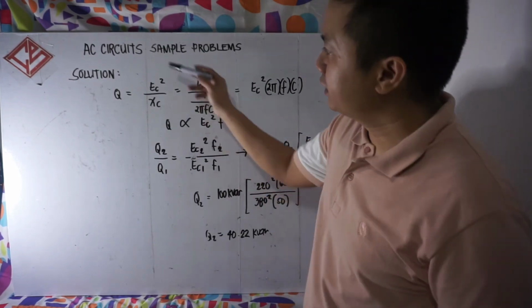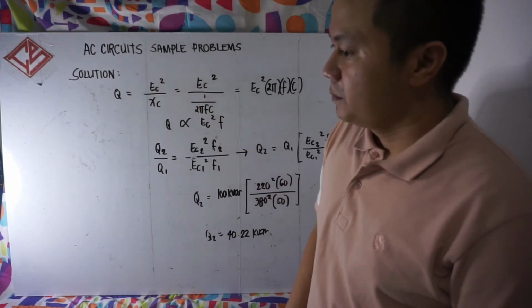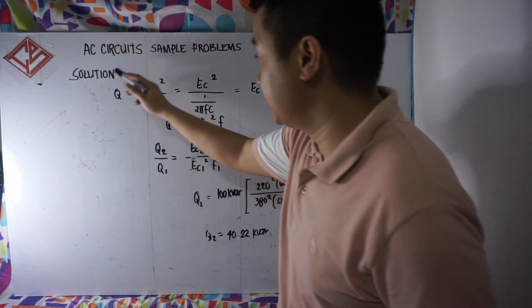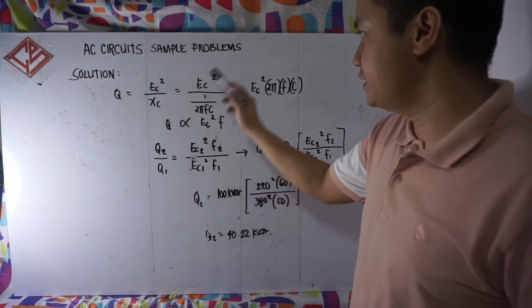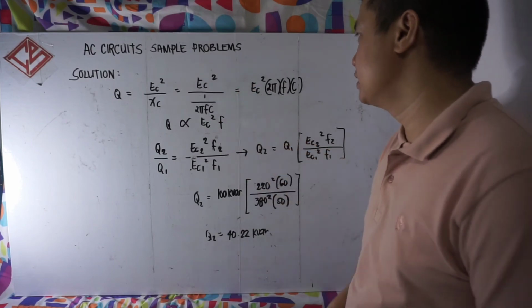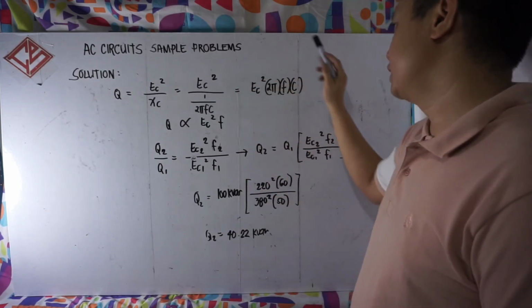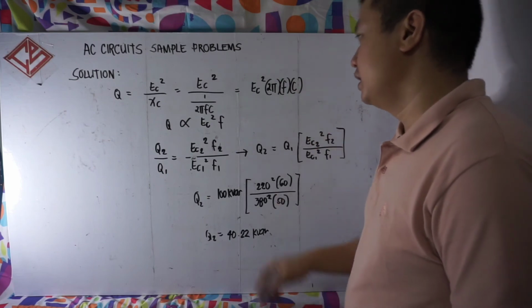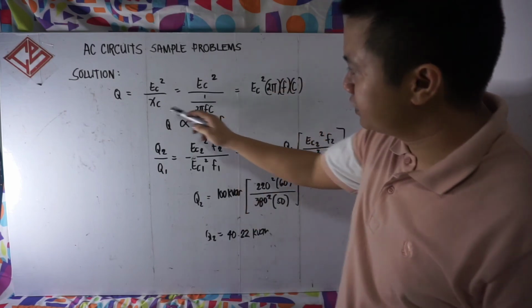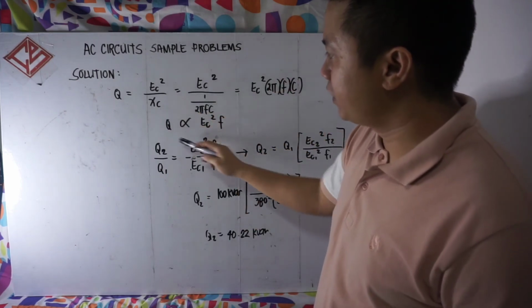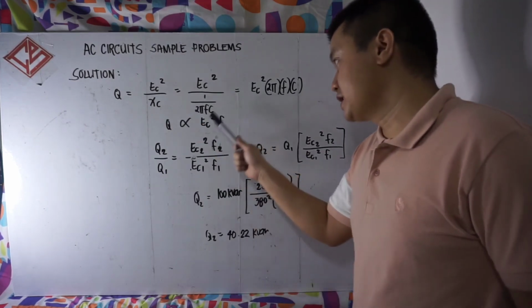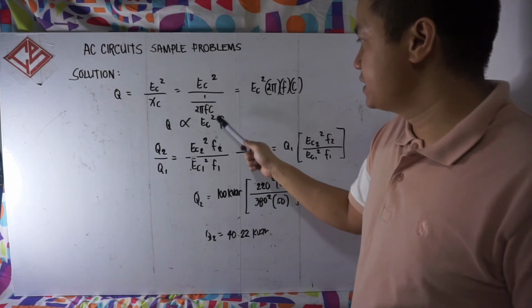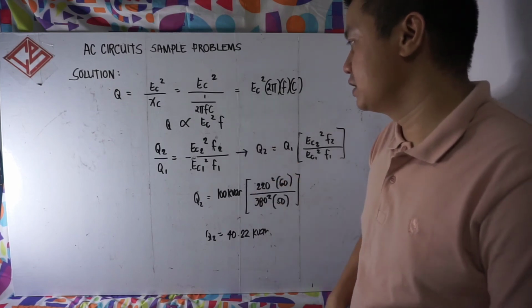So we know that our Q, the kVAR, the reactive power, is equal to EC squared over XC, and that is EC squared over 1 over 2 pi FC, which will give EC squared times 2 pi FC. And from this, we know that the reactive power is directly proportional to the square of the voltage across the capacitor times the frequency.